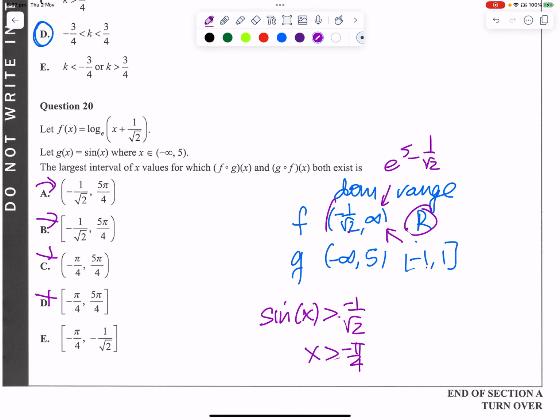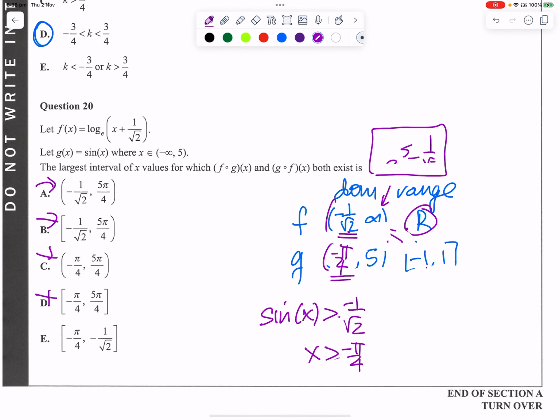Our upper value, the largest value of that, we know our largest value of this. If our lower value is negative pi on 4 here, then our upper value, we know that is going to be that function there.